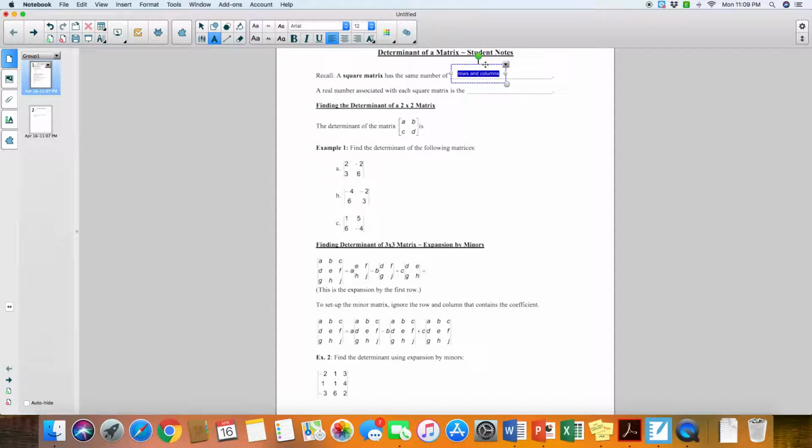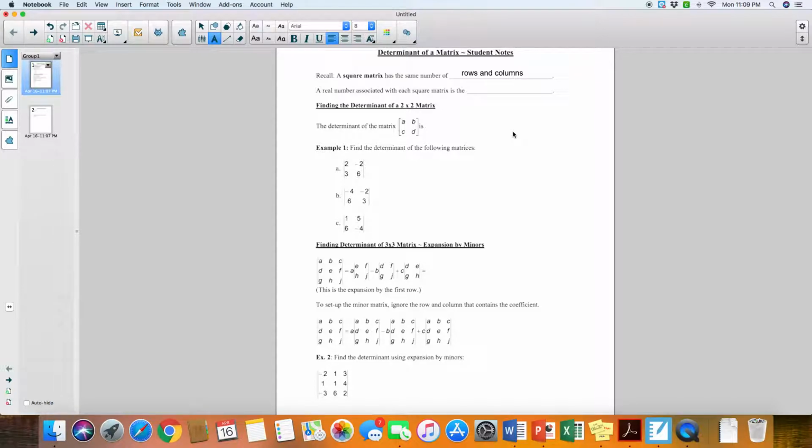So square matrices have the same number of rows and columns, basically the same dimensions. Like a 2 by 2, 3 by 3, 4 by 4. Those have the same number of rows and columns.